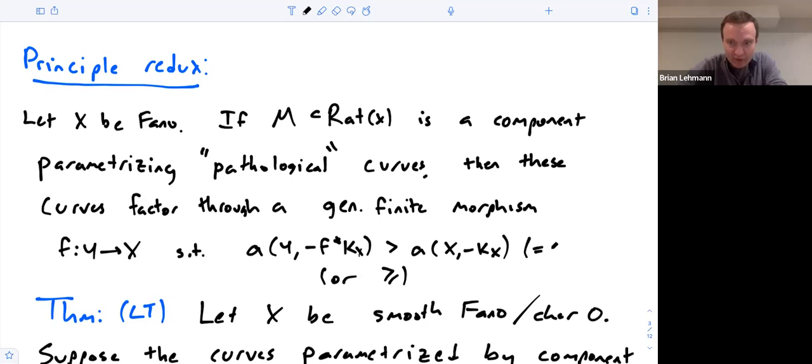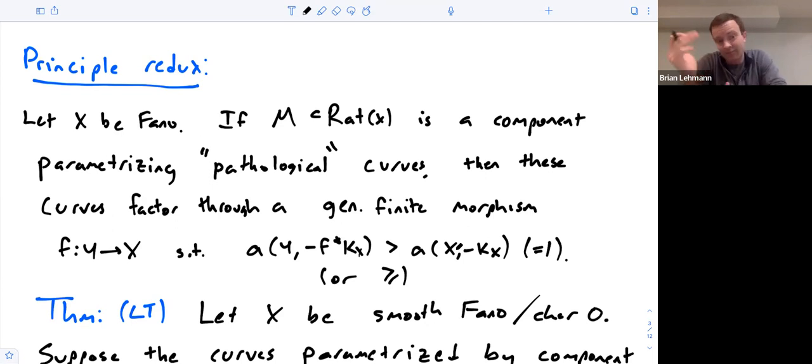This is of course just a fancy way of writing it. Okay, so what does this say? This is saying that for families of pathological curves, maybe we should expect that they come from subvarieties or maps where the canonical divisor is somehow more negative than the canonical divisor for X. It's a sensible idea.